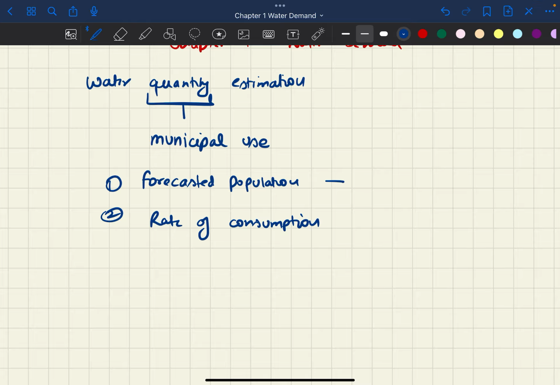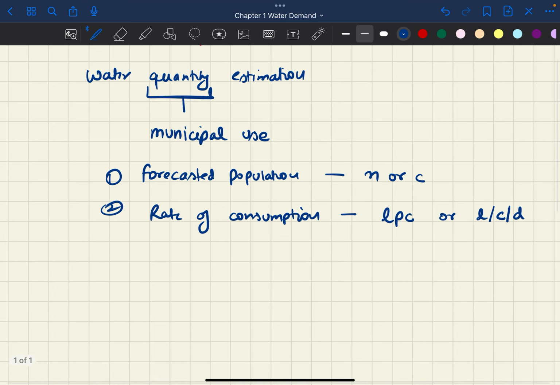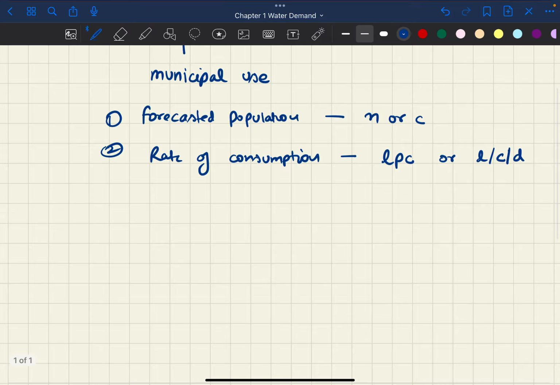Forecasted population unit is N, and this is liter per capita per day. So this is capita. Capita means population.